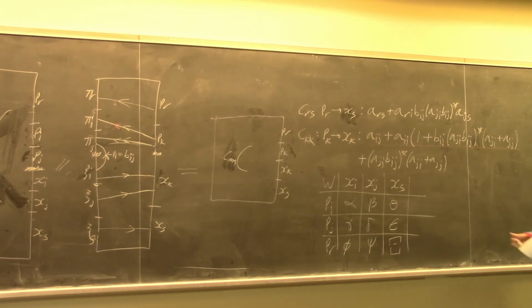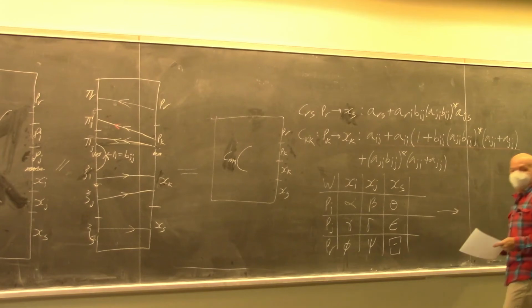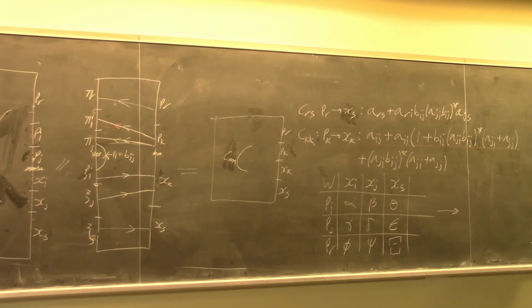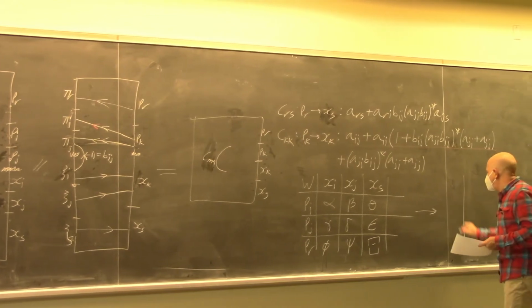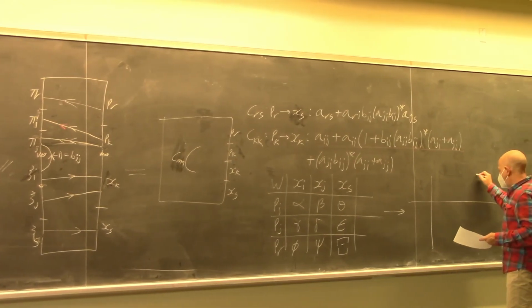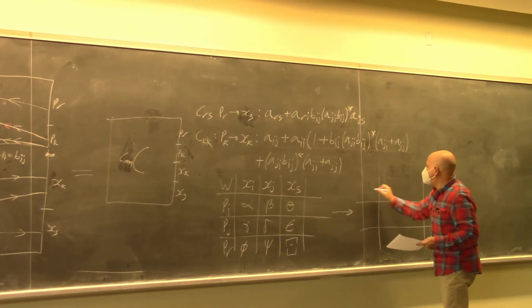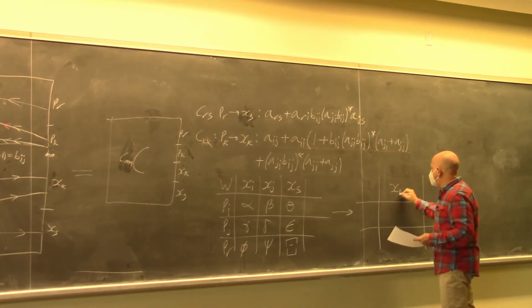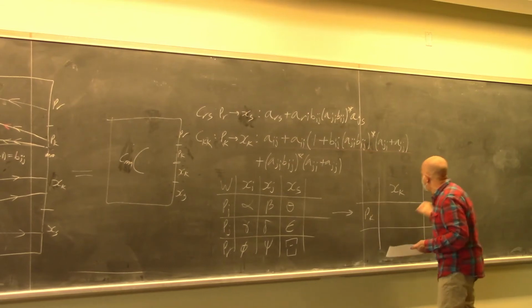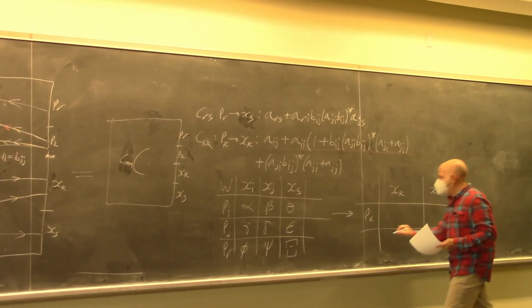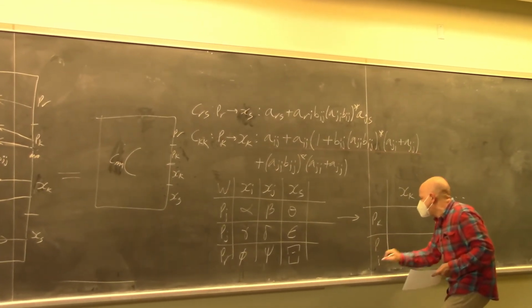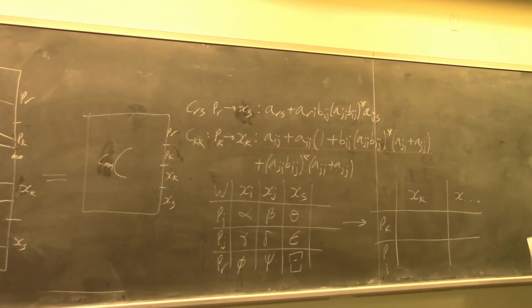Okay, and now I need to tell you where it goes. It will go to something of the form: a scalar here, a coefficient for xk and pk here, and then all the rest of the x's and all the rest of the p's down here.